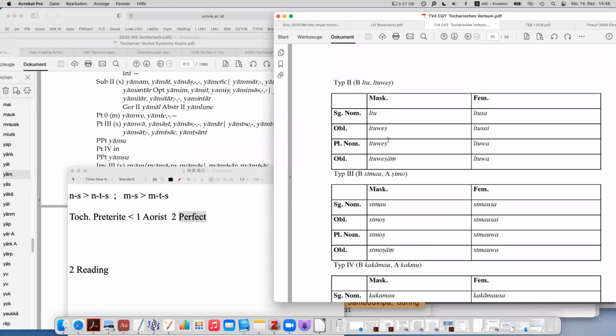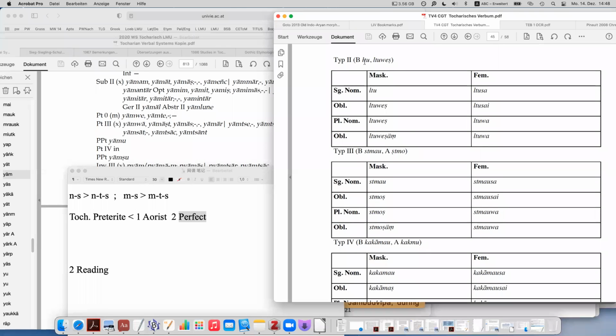Okay, so these are all other examples. This one is pretty simple, and it goes back to the verb to go out. Then this stall and storm, to stand, to stay.